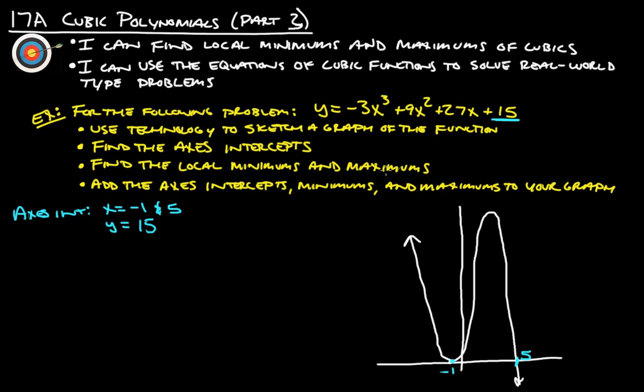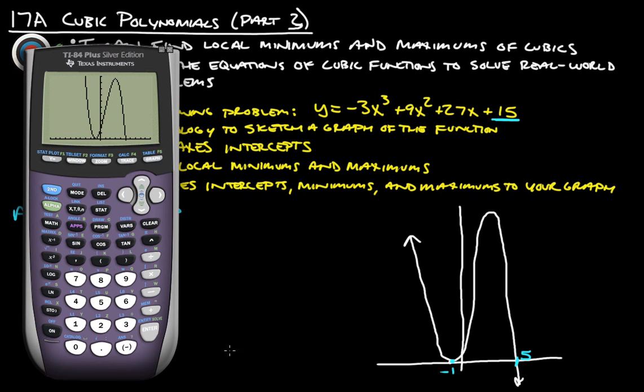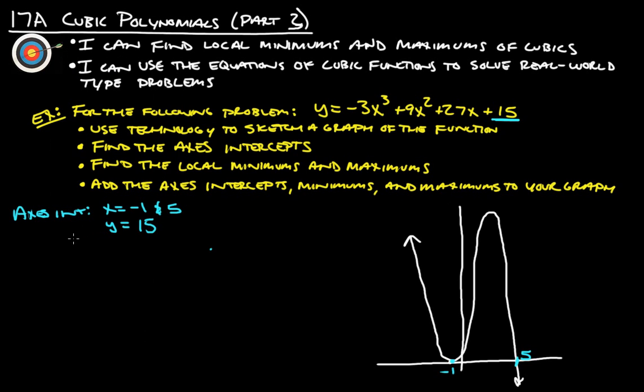All right, next thing, find the local minimums and maximums. This is where our graphing calculator is really going to help us out. The local minimum is right here, and again, we can tell that y is going to be 0.